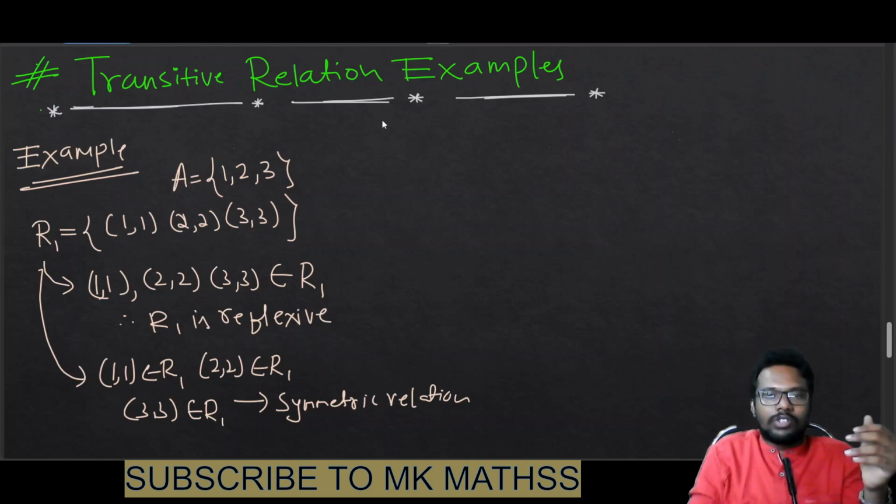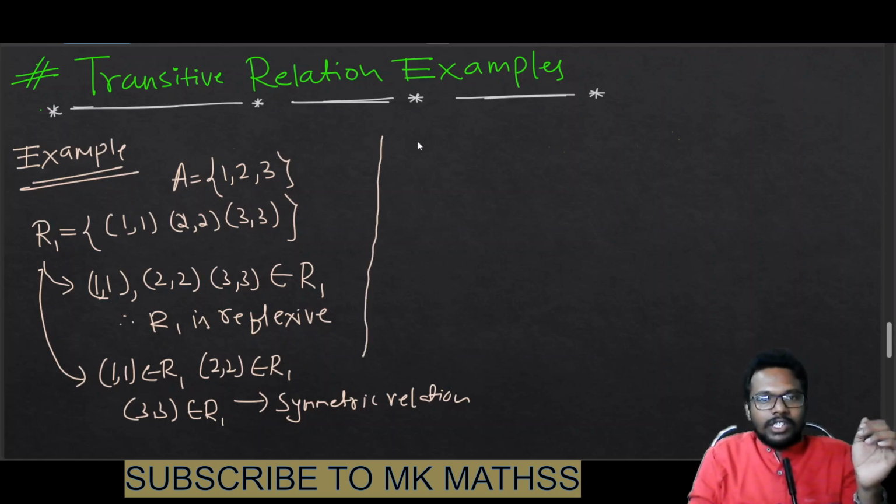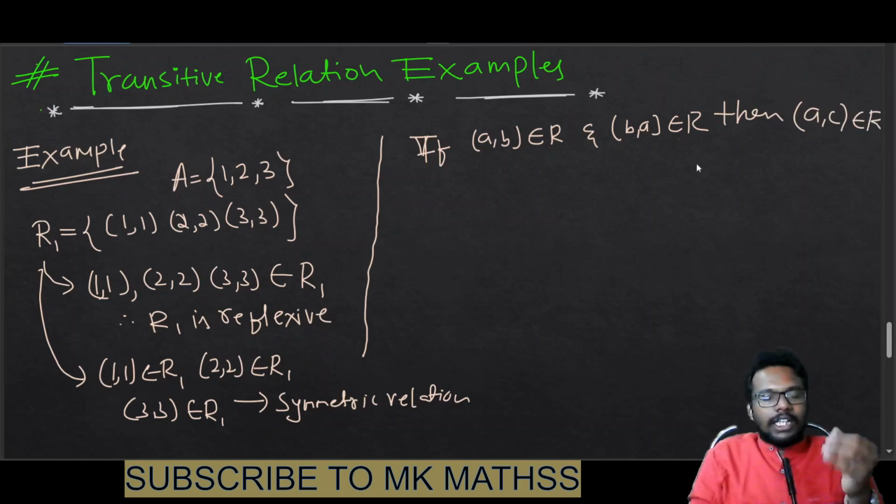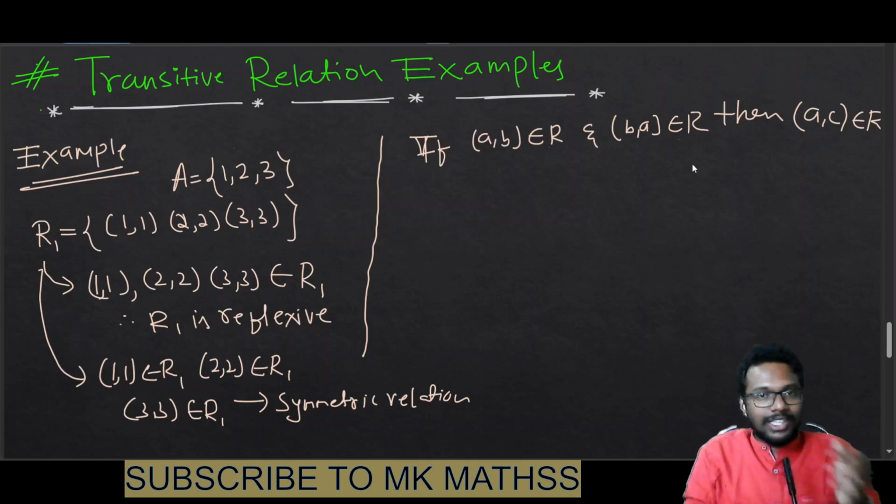Reflexive and symmetric relations are very easy to find by observing the relation R. But when it comes to transitive relation, see here. The transitive relation definition says: if (a, b) belongs to R and (b, c) also belongs to R, then (a, c) also belongs to R. If (a, c) also belongs to R, then it is a transitive relation.